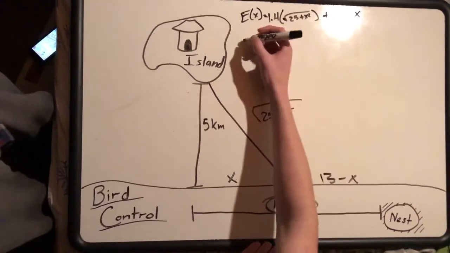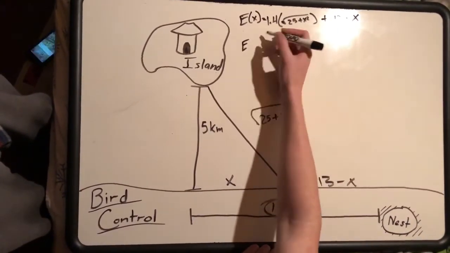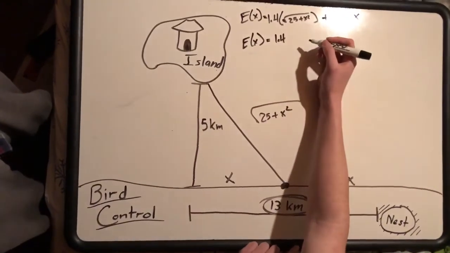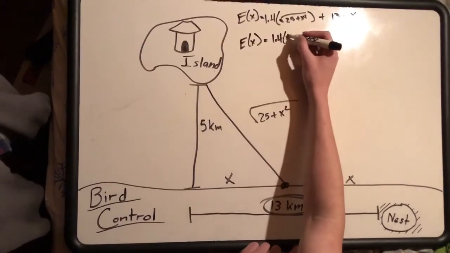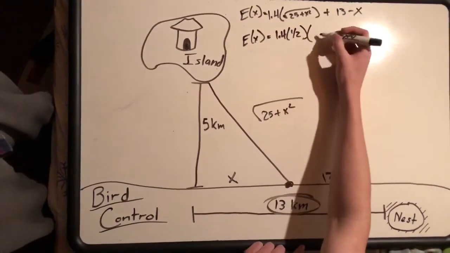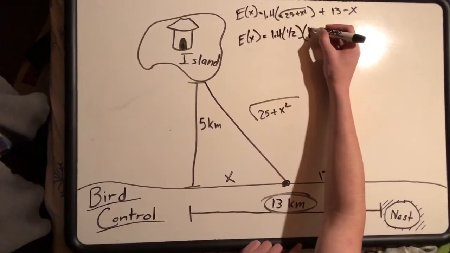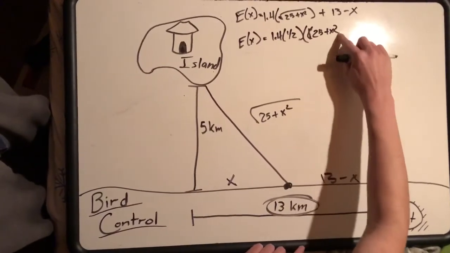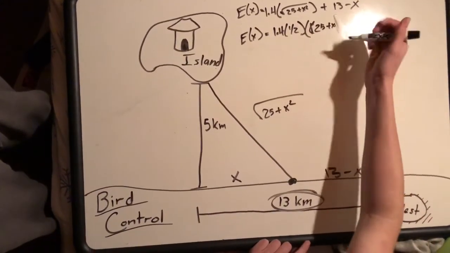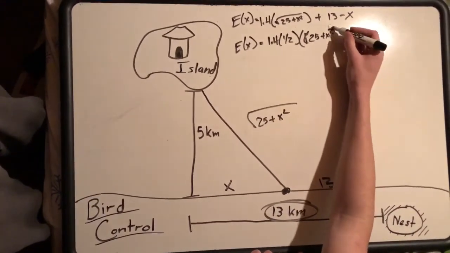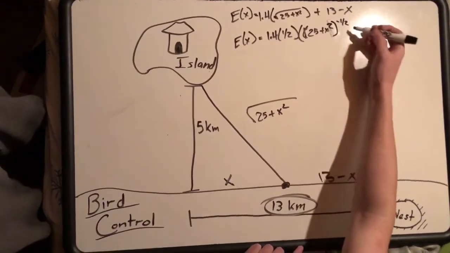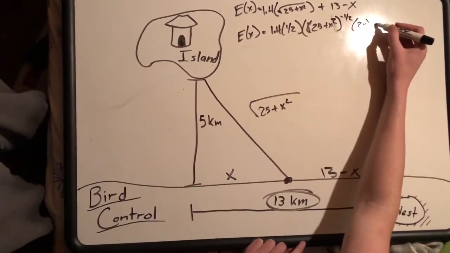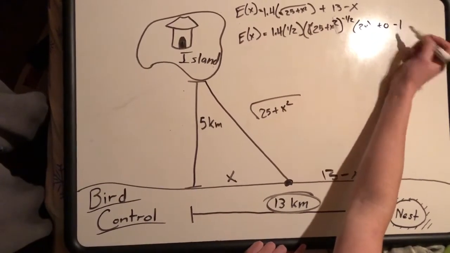Now if you want to take the derivative of that, which is E prime of x, equals 1.4 times 1/2, because this is under a square root, and this becomes 25 plus x squared to the negative 1/2, times 2x because of the chain rule, plus 0 minus 1.